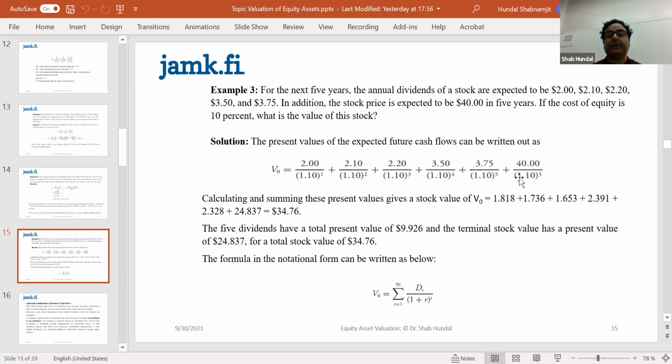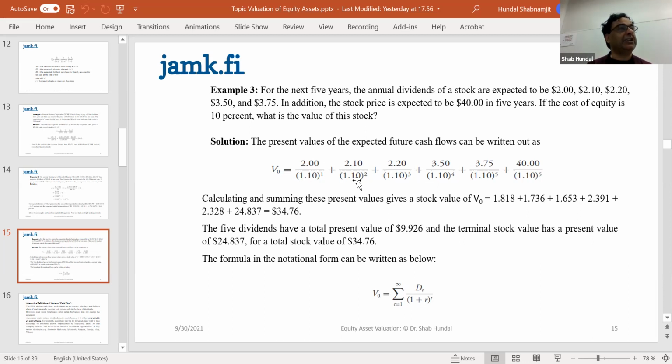Here you see that the power of 5 comes 2 times. Do you know why? Here 1.10 to the power of 5, and here again 1.10 to the power of 5. Why so? The expected stock price in 5 years. Exactly. For the first year, you have 1 cash inflow, the dividend.